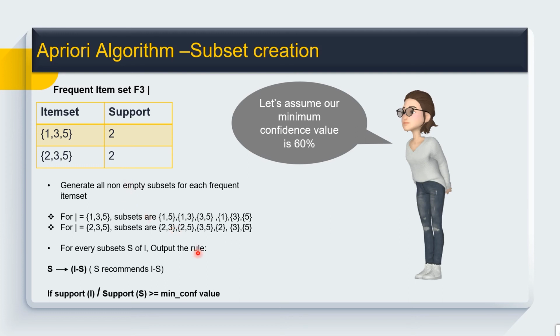For every subset S of I, the output rule is that S recommends I to S, if the support of I divided by the support of S is greater than or equal to the minimum confidence value, then only will we proceed further. Keep in mind that we have not used lift till now. We are only working with support and confidence.